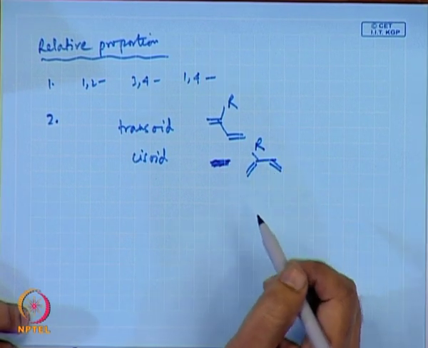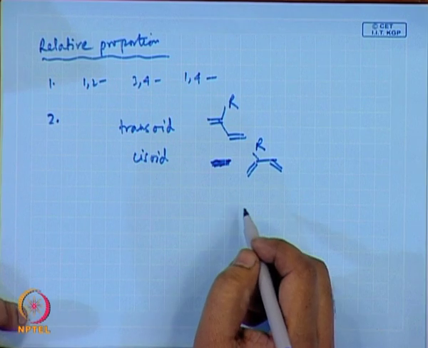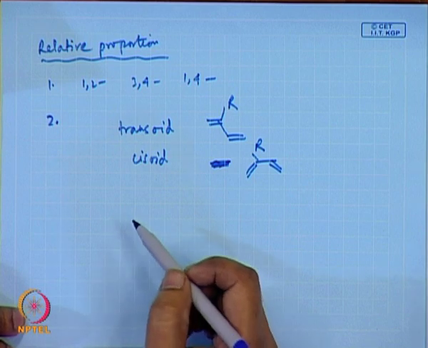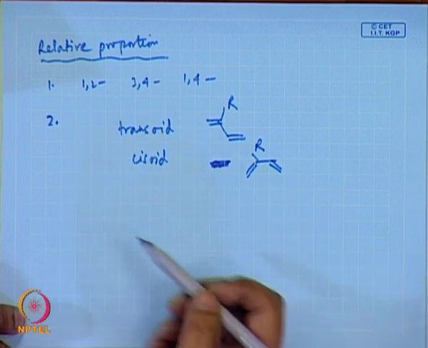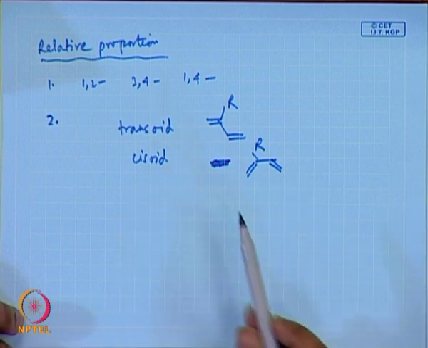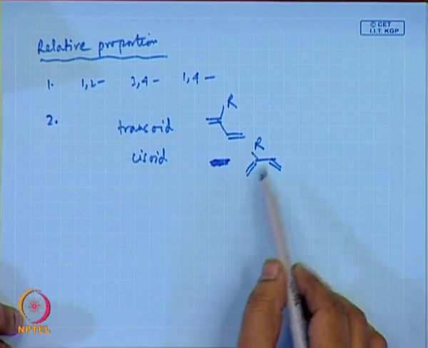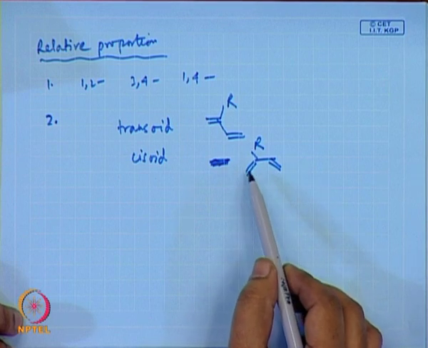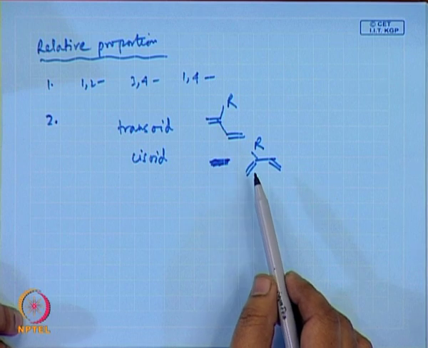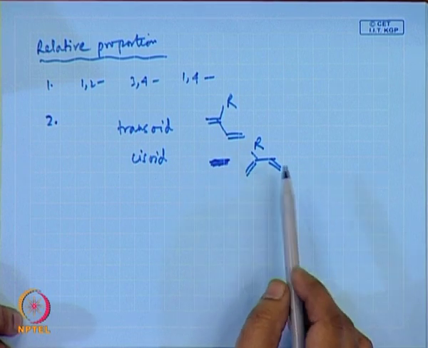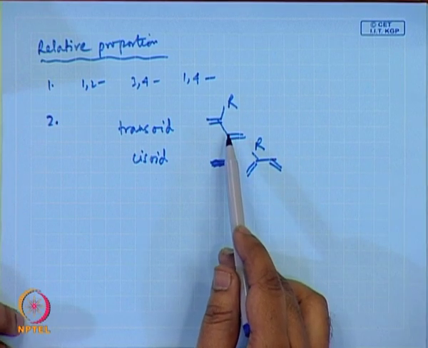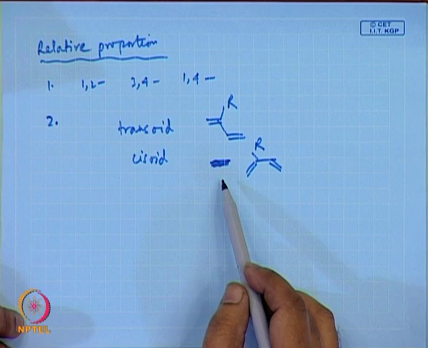Now, the conformation or the configuration of the polymer chain will be determined by the conformation of the monomer which is getting added, and between these two the transoid structure is a much more stable structure compared to a cisoid structure.